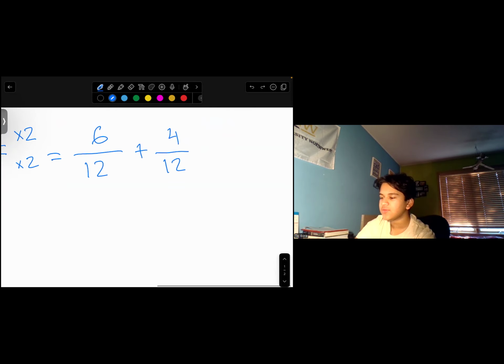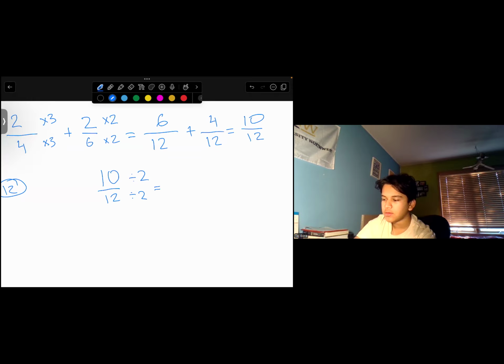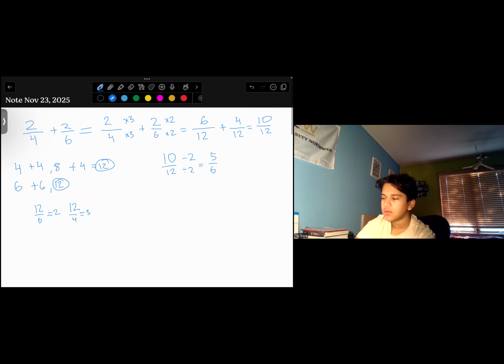So 6 twelfths plus 4 twelfths equals 10 twelfths. This would be the answer if it's done, but 10 twelfths can be simplified. They can both be divided by 2. So the answer would be 5 over 6.